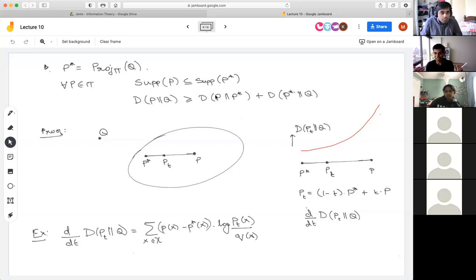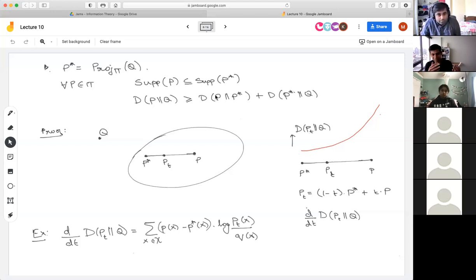In fact, lower than every point in the set pi, because P star is defined to be the minimizer. And it's a convex function, which is growing as you go from P star towards P.